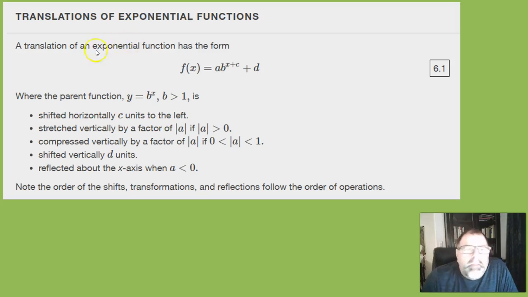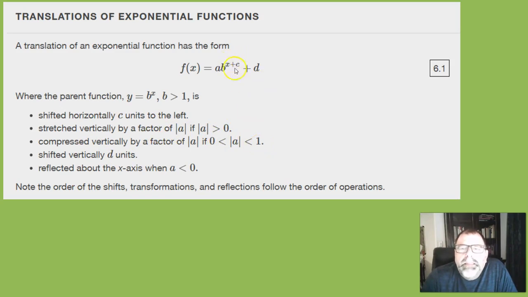All right, here's a summary of all the transformations that we went over. So the parent function is y equals b to the x. The a is going to stretch it vertically by a factor of a if it's greater than 1, compressed if it's between 0 and 1.